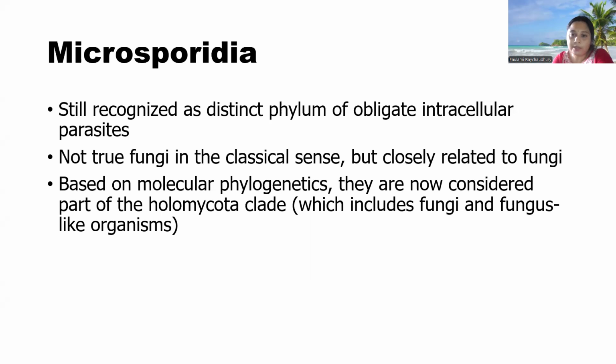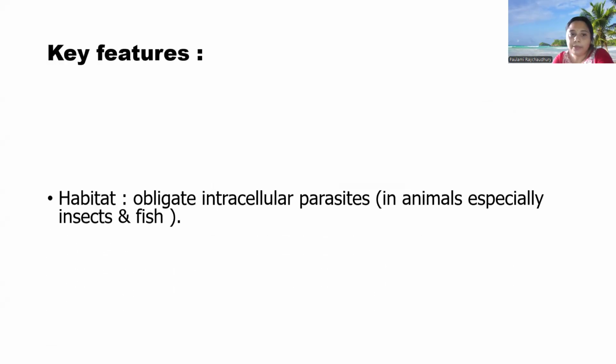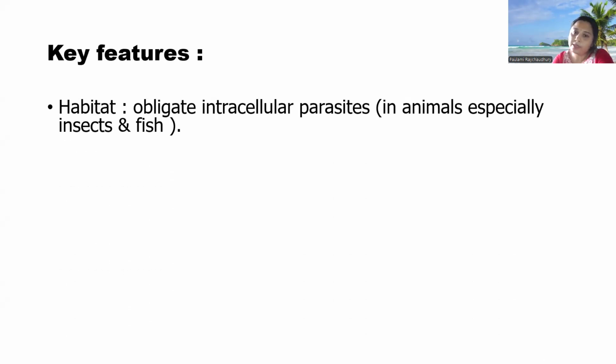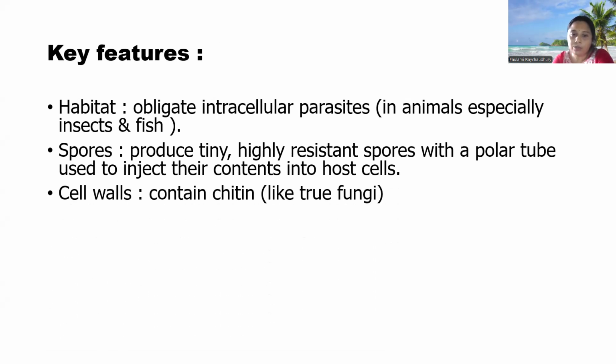Based on molecular phylogenetics, they are now considered part of the Holomycota clade, which includes fungi and fungus-like organisms. So key features: habitat, obligate intracellular parasites in animals, especially insects and fish. Spores: they produce tiny, highly resistant spores with a polar tube used to inject their contents into host cells. It is a special feature.